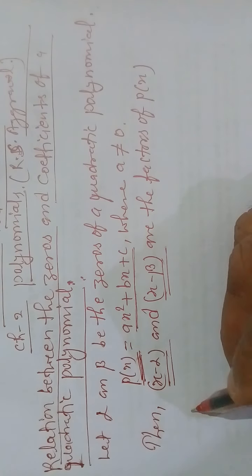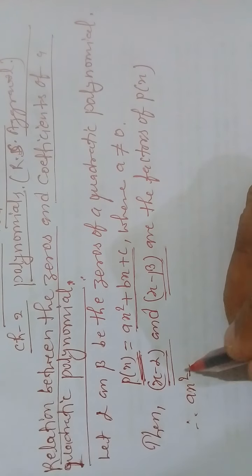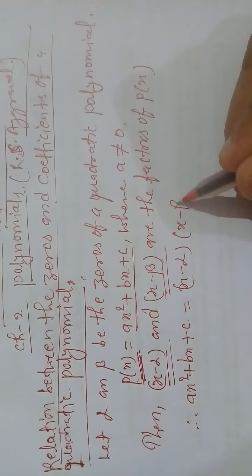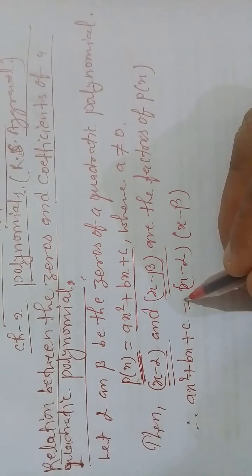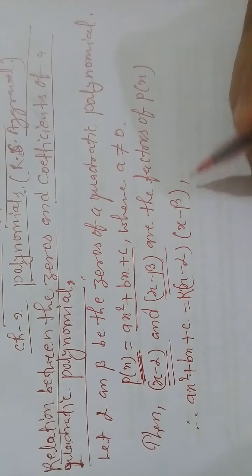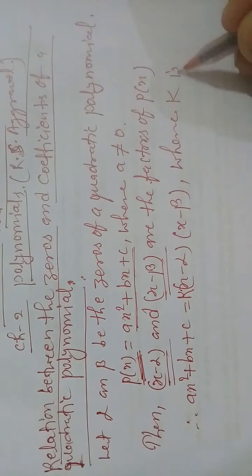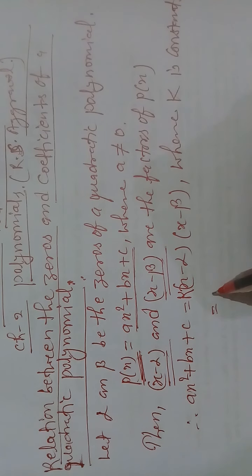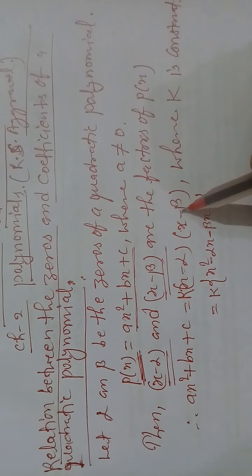Therefore ax square plus bx plus c is equal to k into (x minus alpha)(x minus beta), where k is a constant. This implies k into, now multiply: x square minus alpha x minus beta x plus alpha beta.